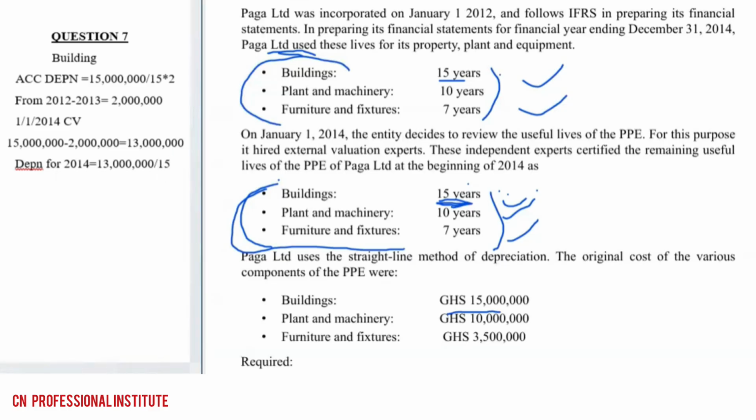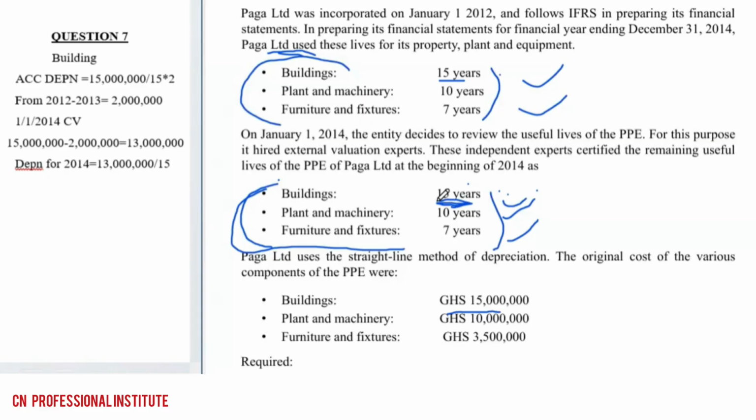If we were told that the revised useful life is 15 years in total, then you have to go back and deduct the depreciation that you've computed. So let's say in this same question, this 15 years is the revised total useful life.